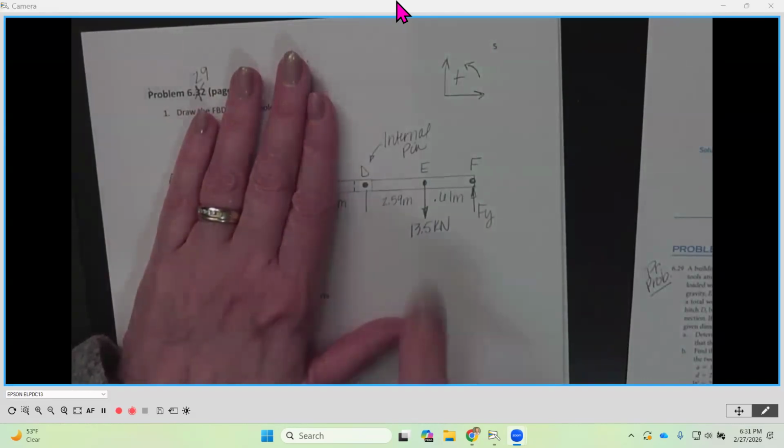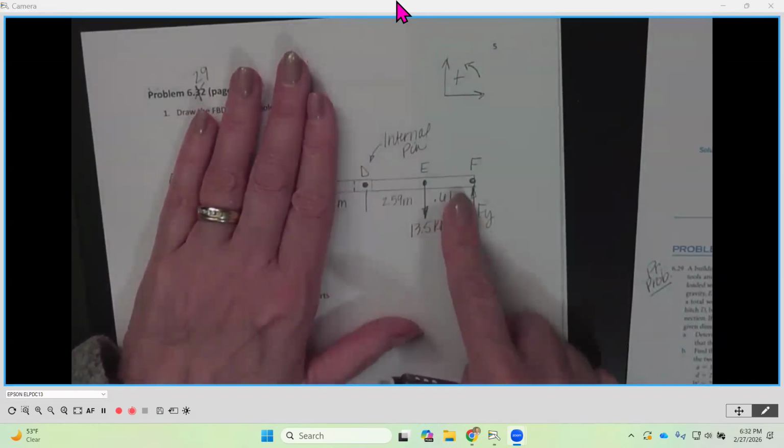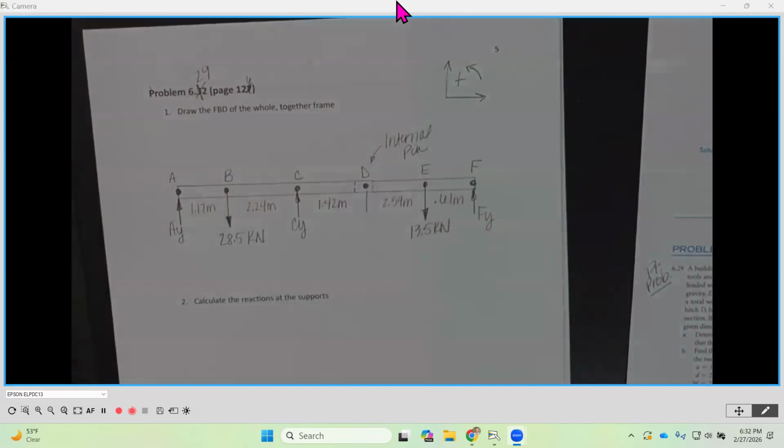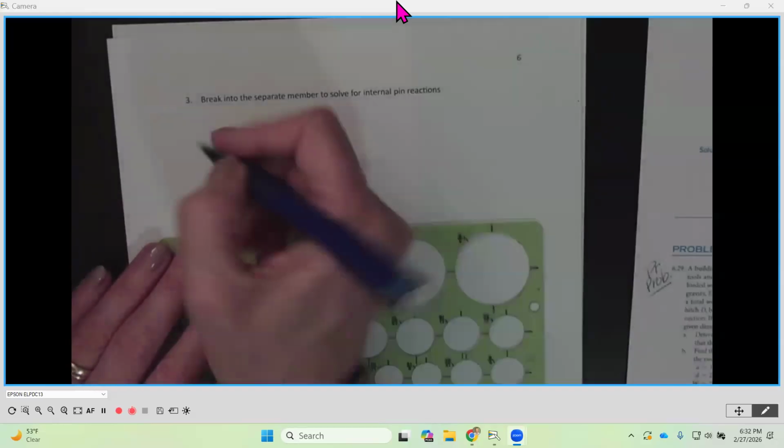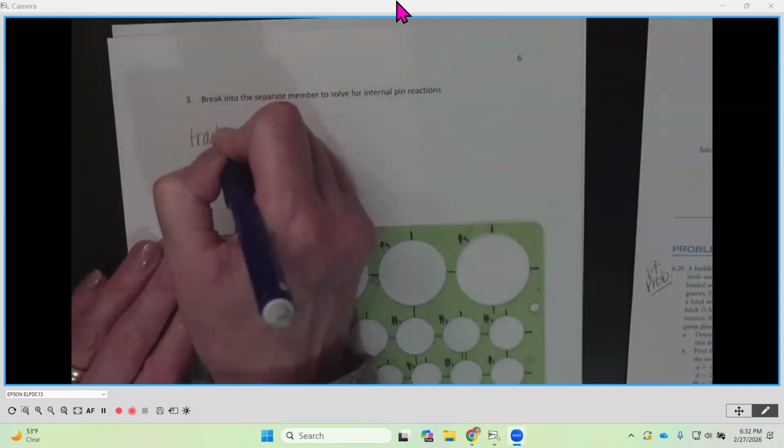So I'm going to start with looking at the trailer first. Okay. So I'm going to leave this blank here because I couldn't calculate my reactions at my supports. So now I'm going to break it into the separate members to solve for the internal reactions. So I'm going to look first at the trailer.